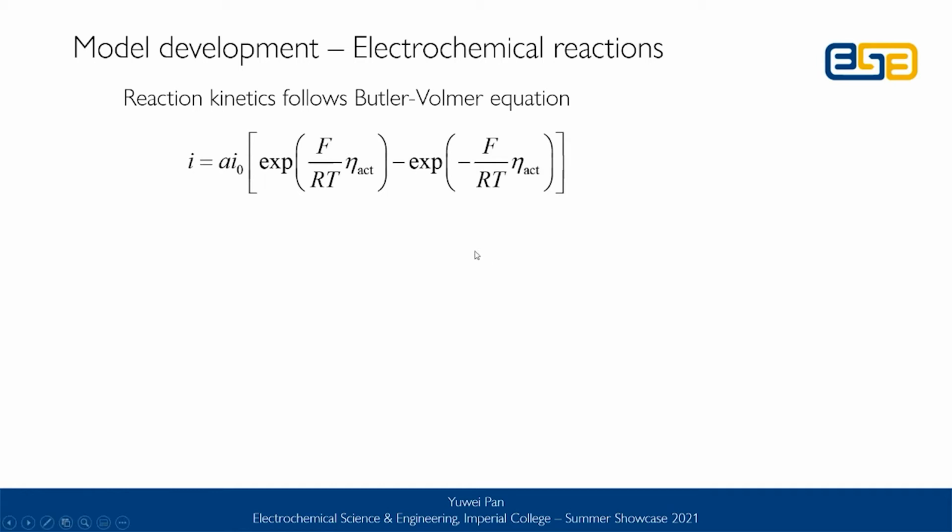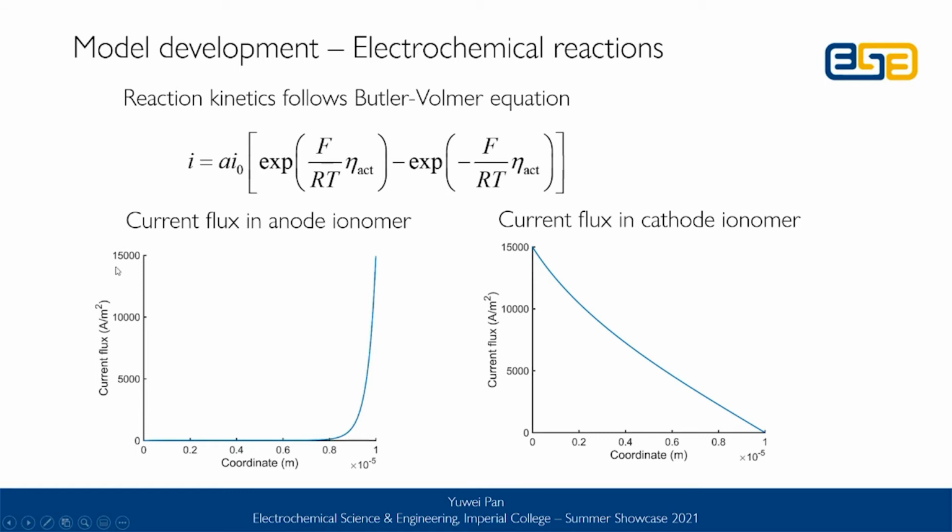The electrochemical reactions in this work are described by the BV equation. Depending on the parameters of the reactions, the same equation has very different behavior on the anode and cathode side of the cell.